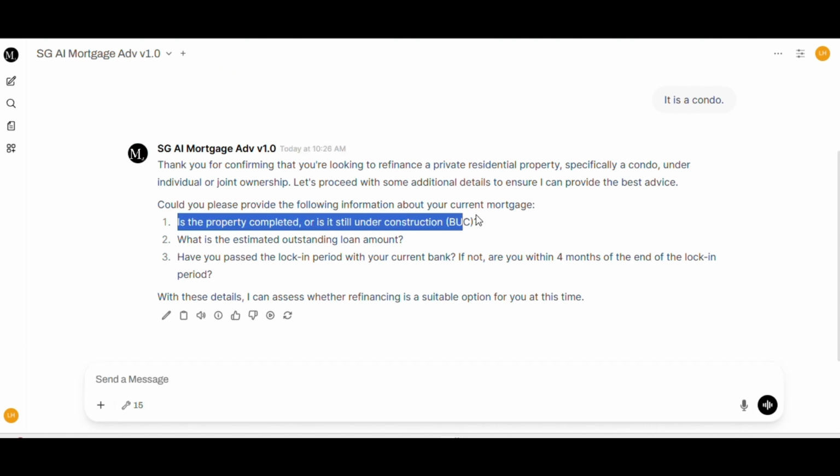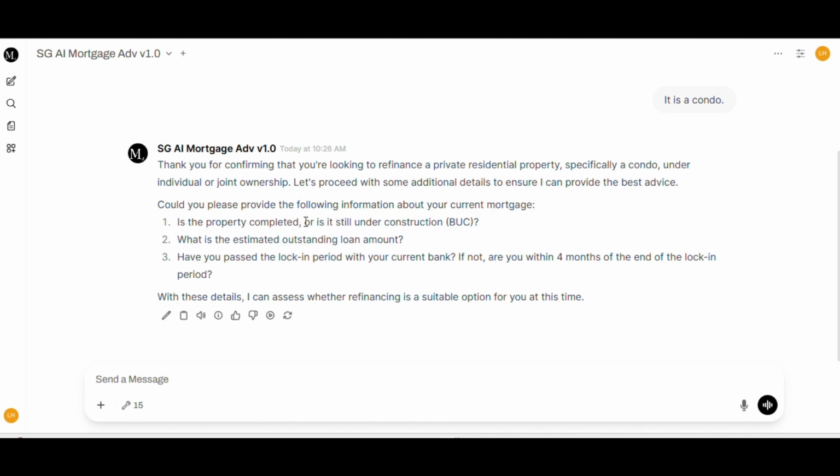Now the AI asks whether the property is completed or under construction. Only new projects are so-called under construction. So let's say you reply BUC, under construction, the AI will ask you to stay with the current bank.